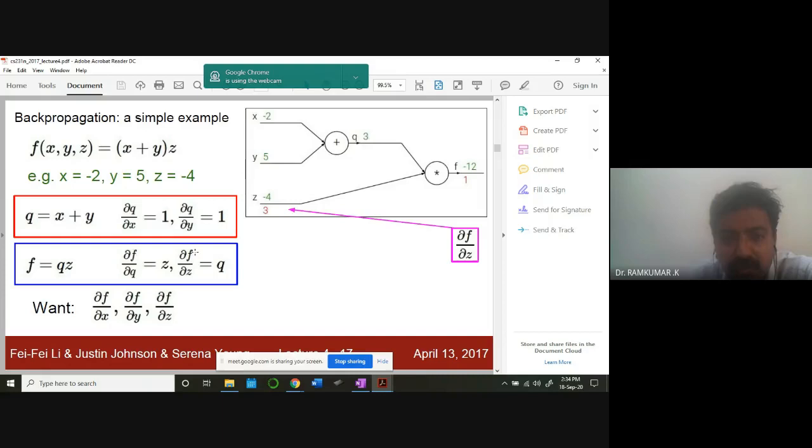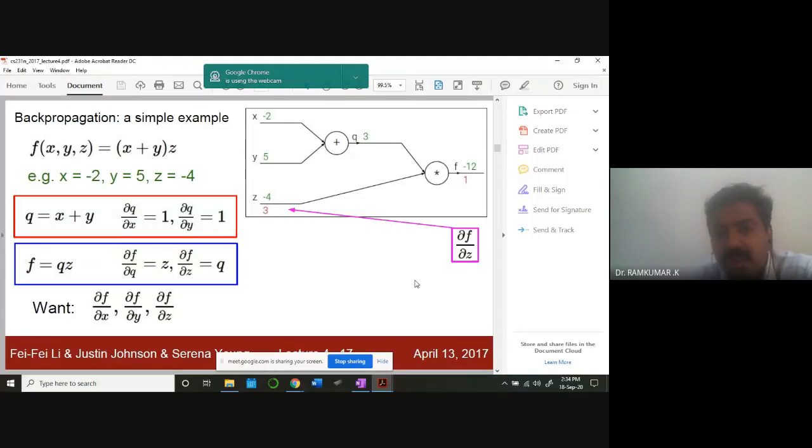Therefore, q equal to 3. Therefore, dou f by dou z is equal to q. So at this point, the gradient, based on a small change in f, the change in z required is 3. That's the idea, the gradient. It's a positive gradient. If it is changed by 3 units, there will be a change of 1 unit here. That's the idea. Okay, dou f by dou z.